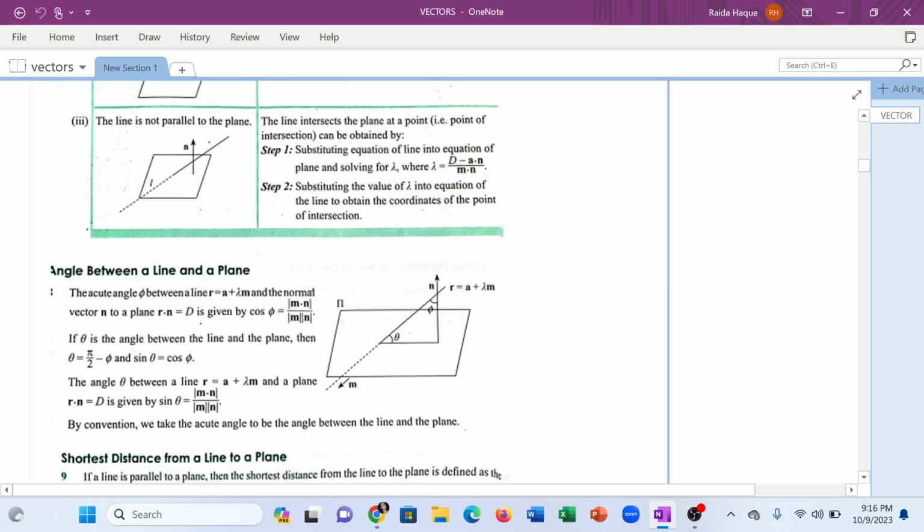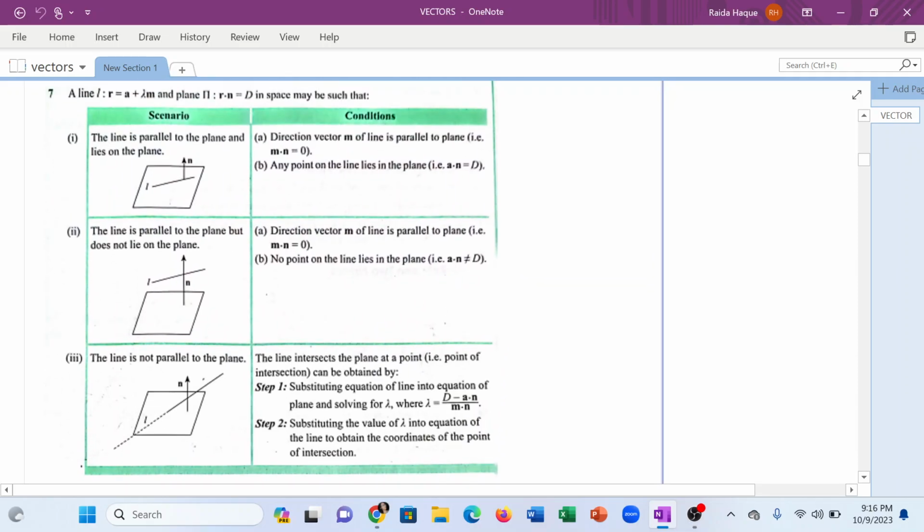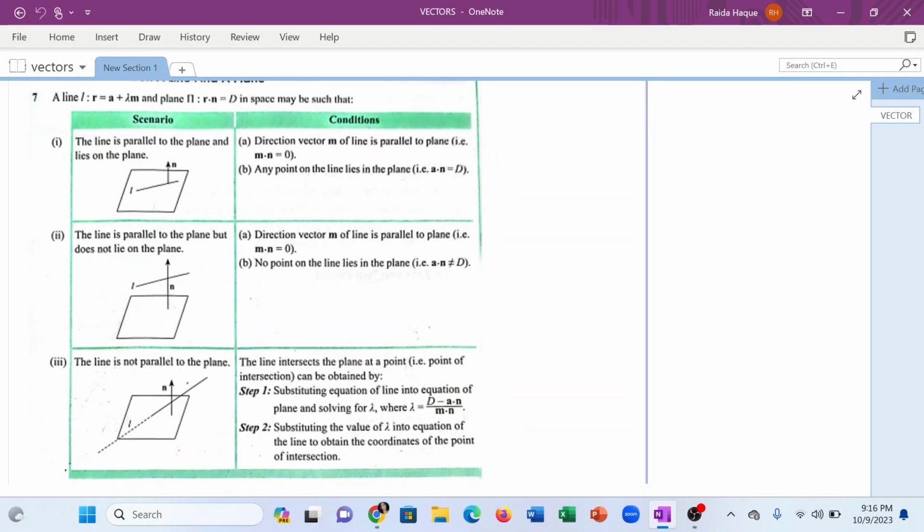So how did we get this? Let's do a short overview of how that was found. I'll show you how it came. So over here, how did we find this equation for lambda?